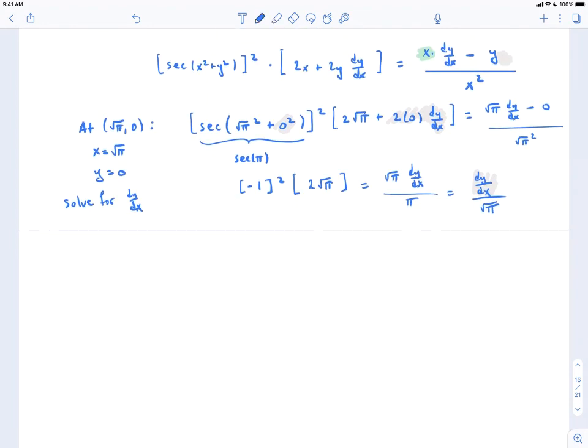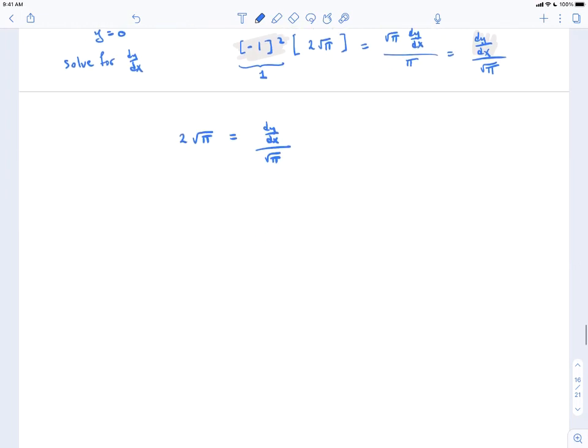continue this calculation. So we have negative 1 quantity squared, but of course that's just going to be positive 1. So we're going to have 1 times 2 square roots of pi is equal to dy/dx divided by the square root of pi.